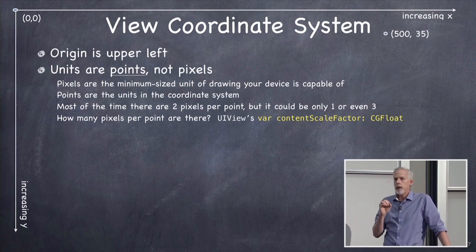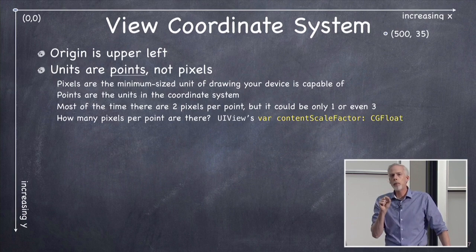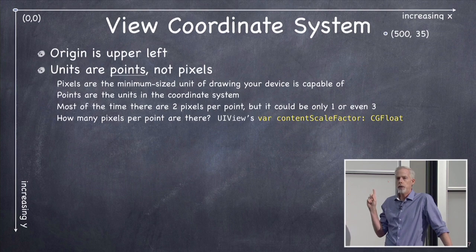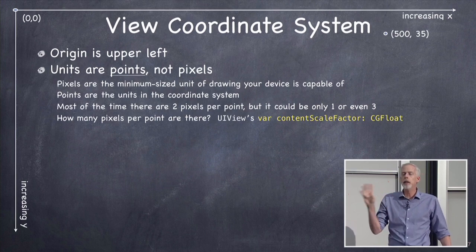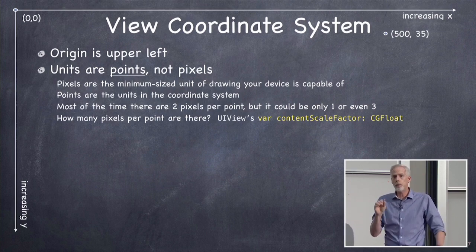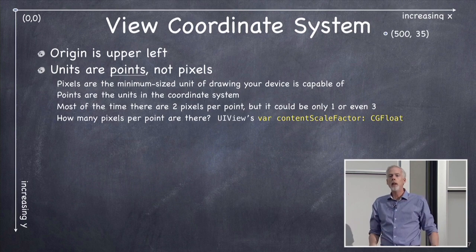So you can find out, though, how many pixels there are per point, in other words, how high resolution your screen is, with this var in UIView called contentScaleFactor. Okay? It's a CGFloat. It's either going to be 1, 2, or 3 currently. Like the iPhone 7 Plus is 3 pixels per point in each direction.